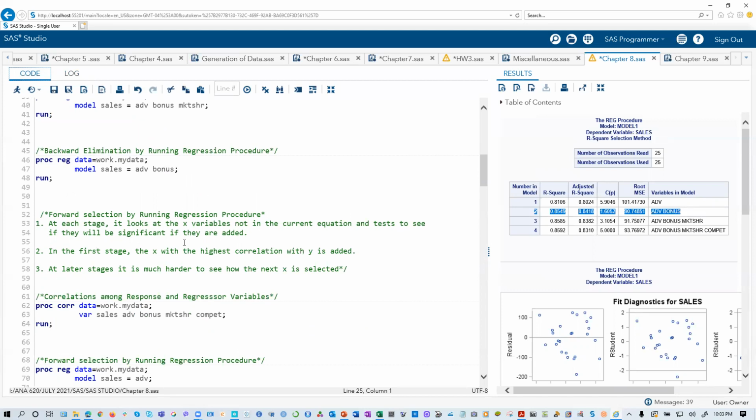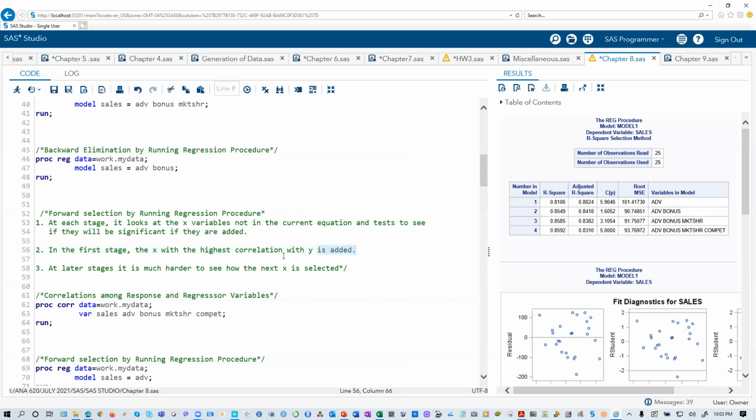You test whether this would play a heavy role in explaining that y variable. In the first stage, the x with the highest correlation with y is added. At later stages, it's much harder to see how the new x is selected.